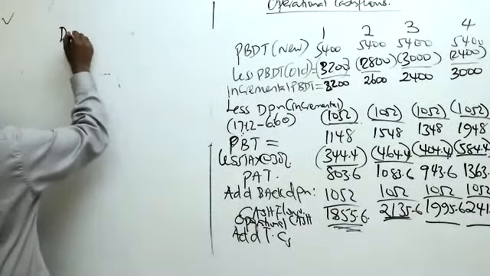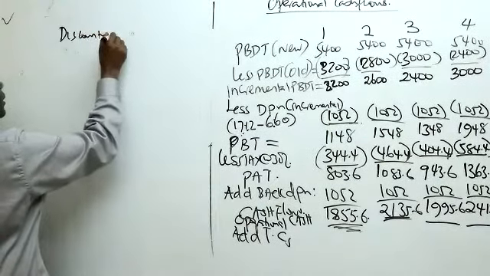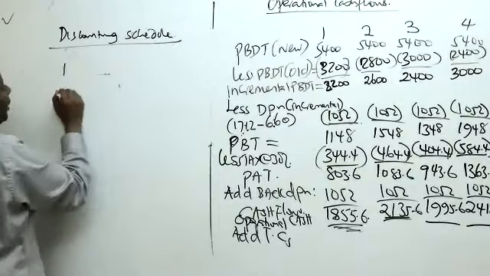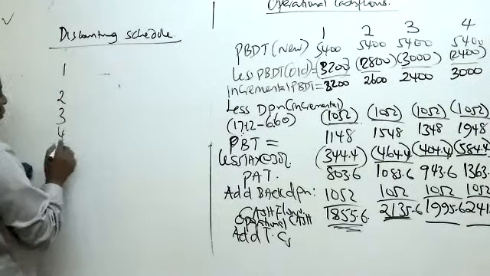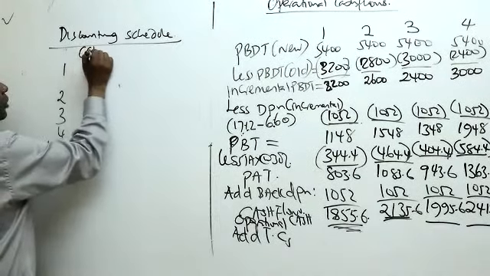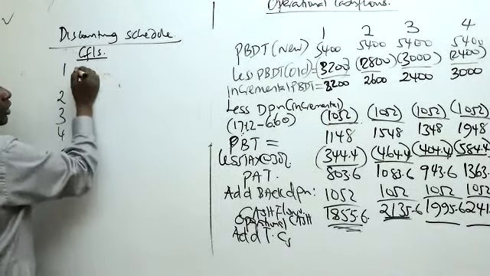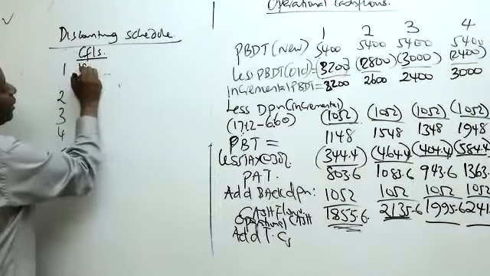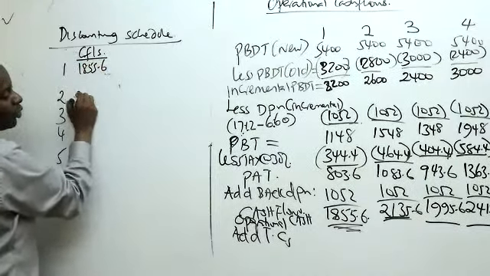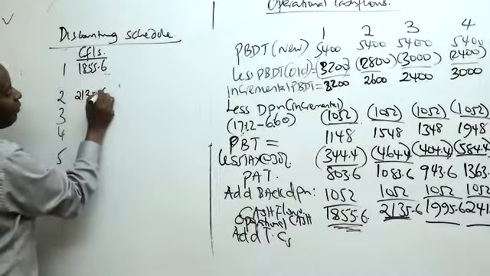The discounting schedule is quite easy. Now we have year 1, year 2, year 3, year 4, year 5. Ladies and gentlemen, we have our cash flows, which we'll need to discount. Cash flow for year 1 is 1855.6. Year 2 is 2135.6.